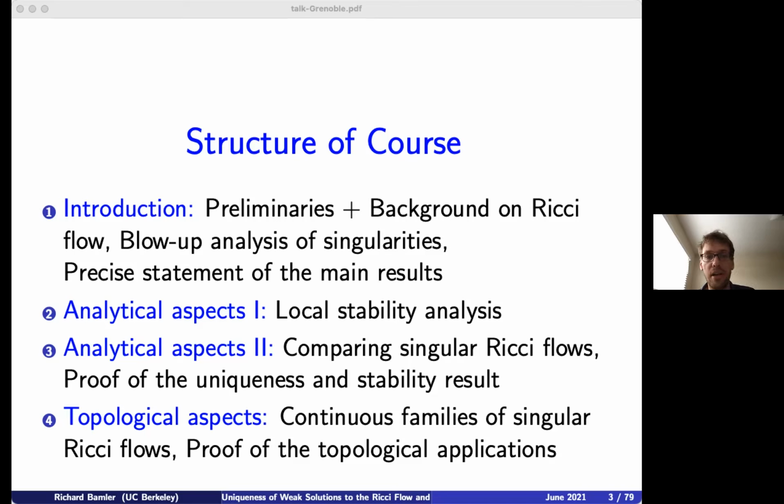Then in the third class, how to compare singular Ricci flows, and I'll finish the proof of this uniqueness theorem. Then approximately in the fourth class, I'll focus more on the topological applications. I'll talk about continuous families of singular Ricci flows, and I'll prove some of the topological applications, and I'll have to see how time works out and how much I can go into detail.